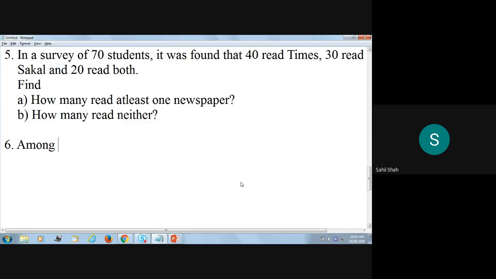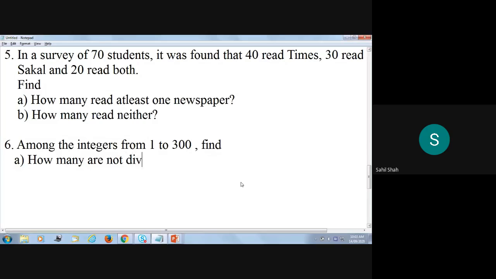Among the integers from 1 to 300, find how many are not divisible by 3 or 5.